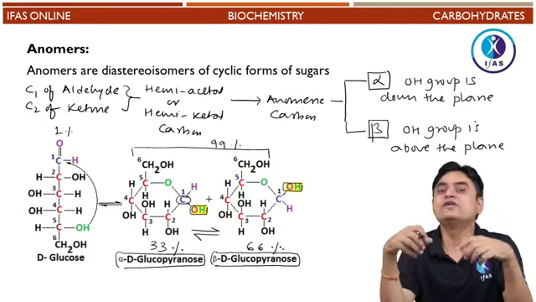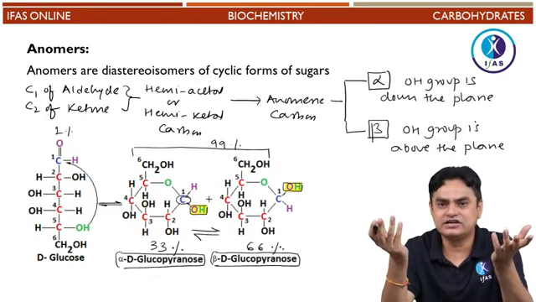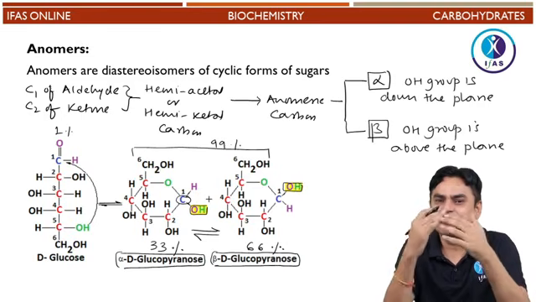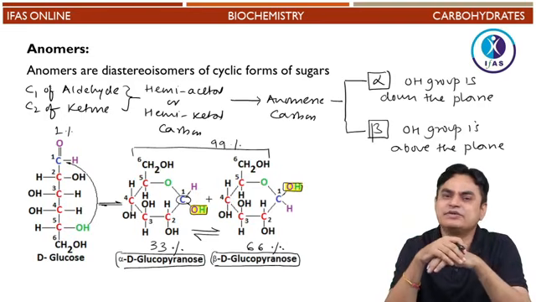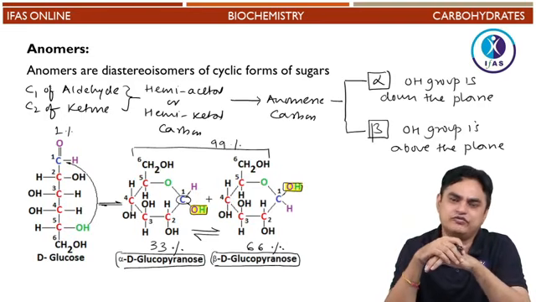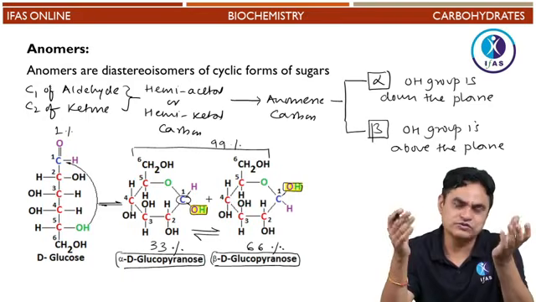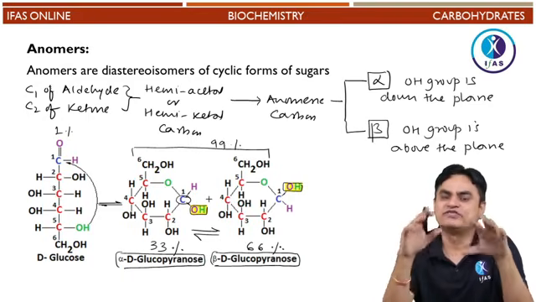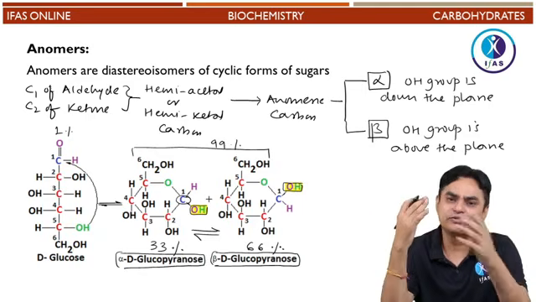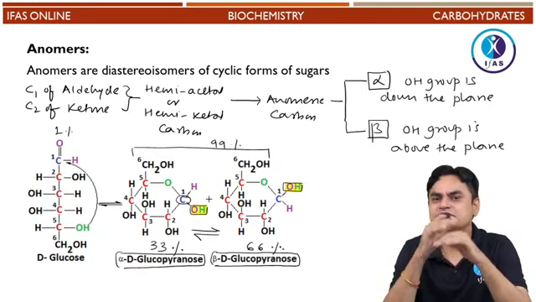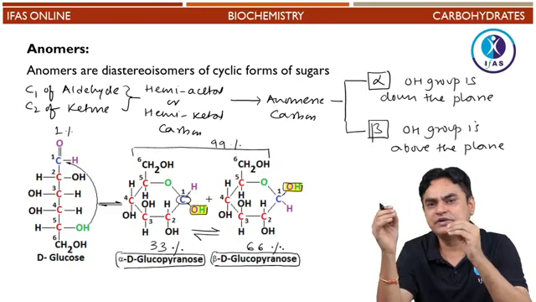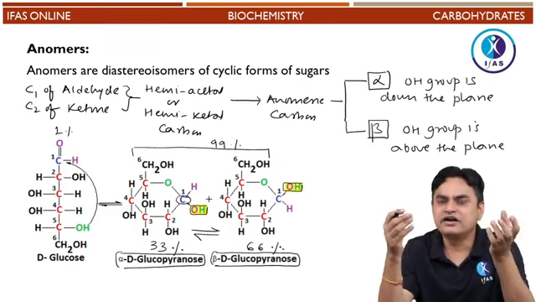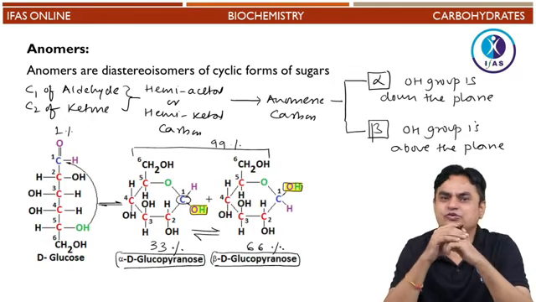Whenever you disturb equilibrium, as we have studied in Le-Chatelier's principle, the reaction will proceed in the direction so that the same equilibrium could be achieved back. So if you are putting all alpha D-glucose, the equilibrium will shift toward the formation of beta D-glucose. If 100% beta D-glucose is there, the equilibrium should shift toward formation of alpha D-glucose until alpha D-glucose and beta D-glucose obtain the equilibrium ratio of 1:2.